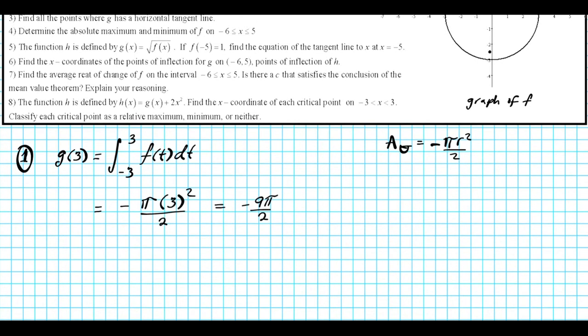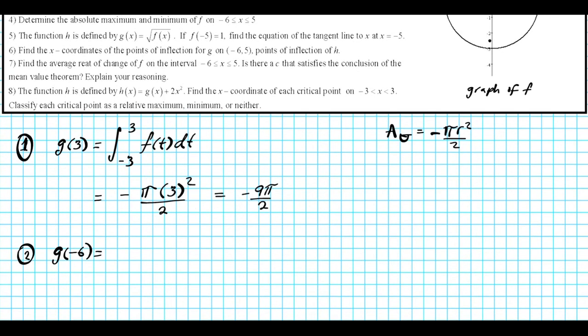So g of -6, let's see. We're going to basically be evaluating this expression here, the integral from -3 to -6 of f of t dt.